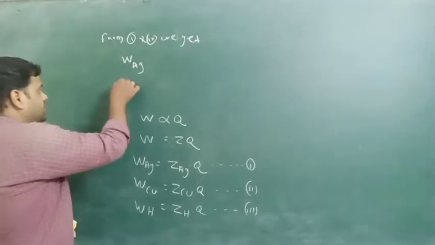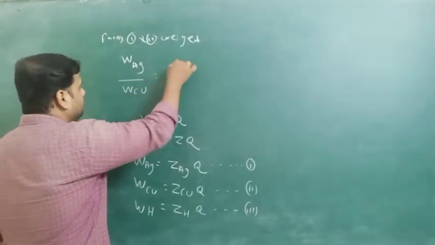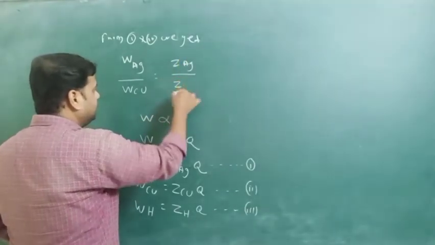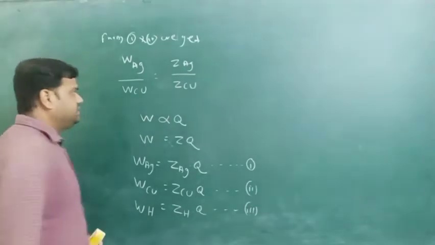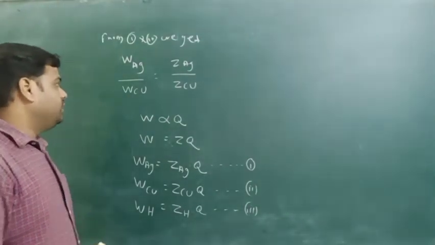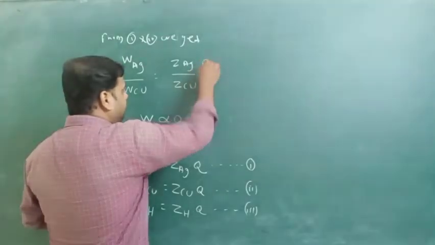It means W_Ag by W_Cu equals Z_Ag by Z_Cu, since Q is multiplied here.